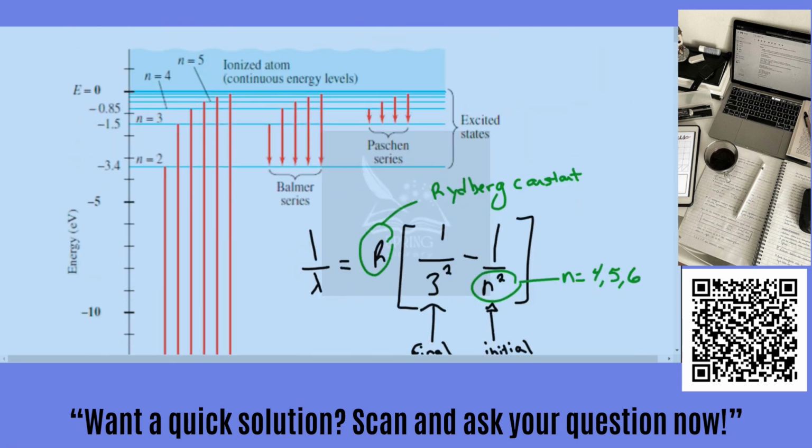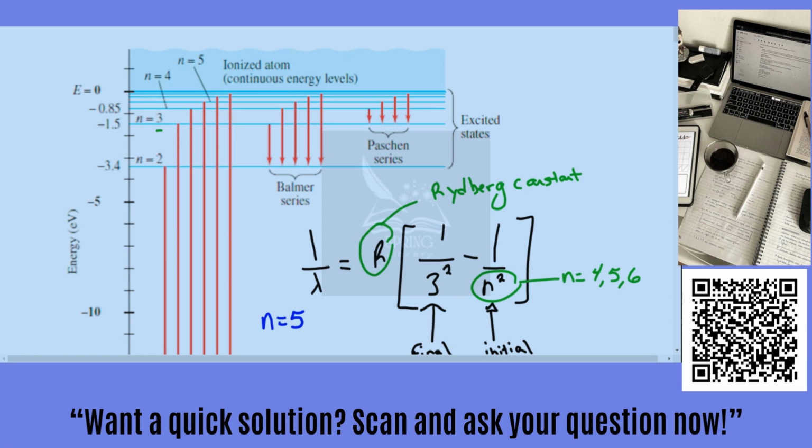so we're looking up here. So we have initial here. It looks like your n is going to be 5. And energy level n equals 5 to energy level n equals 3.